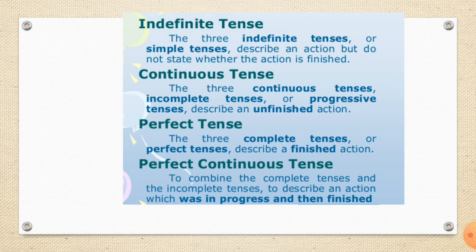Now we will go for the last one, perfect continuous tense. It combines the complete tenses and the incomplete tenses to describe an action which was in progress and then finished.